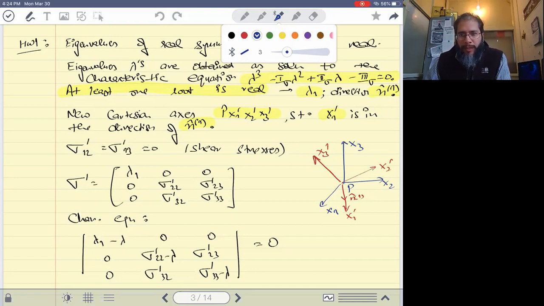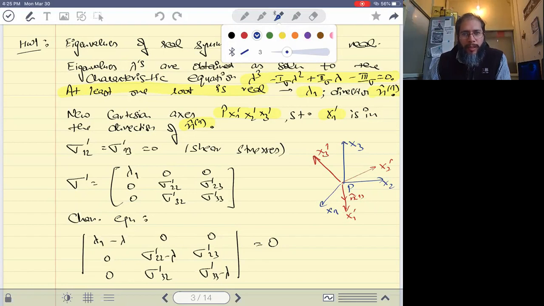So we know one thing for sure, that x1 prime is the same direction as the first eigenvector. If x1 prime is in the direction of n1, then the stress vector on this plane is completely in the normal direction, because that's the definition of the eigen direction, the principal direction: there are special directions in which the stress vector is only in the normal direction.